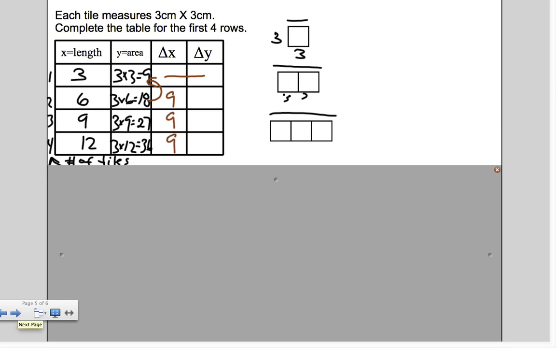So we calculate change in x, or delta x, on that third column, right? Sorry, it's not. It's delta y.